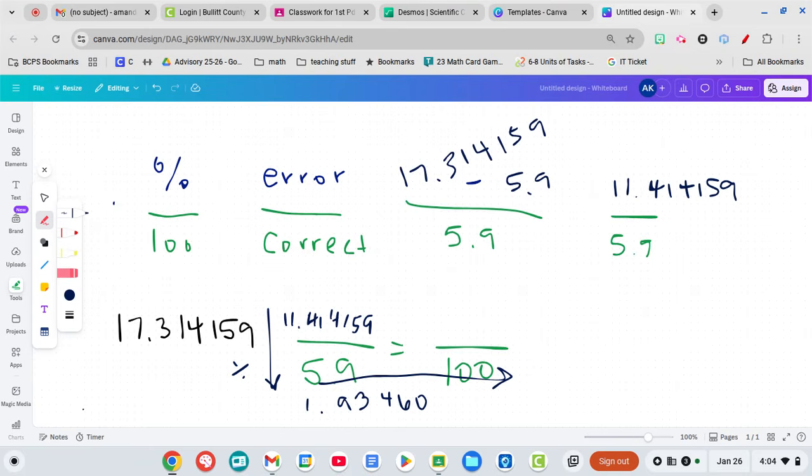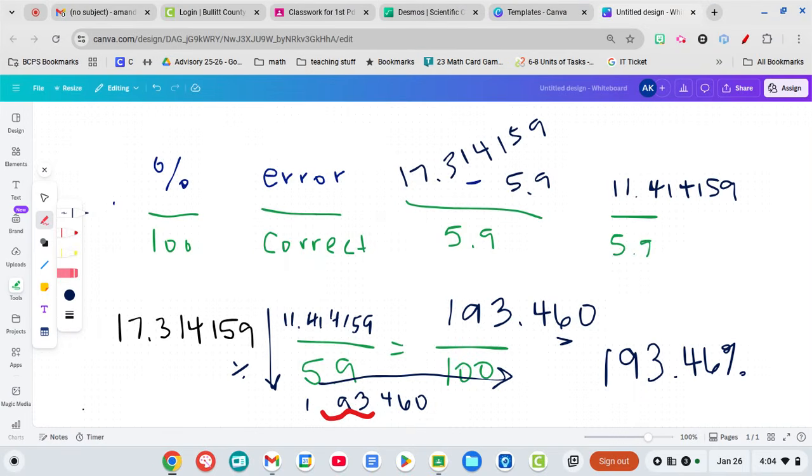I can just stay in Desmos and type in times 100. So when I do that, that moves my decimal over, boop, boop, and it becomes 193.46, and then I want to round to the hundredths place where that 6 is. The 0 next door says keep it the same. So Mr. Bixler had 193.46% error. So he was wrong, but he wasn't quite as wrong as Miss Ackerman.